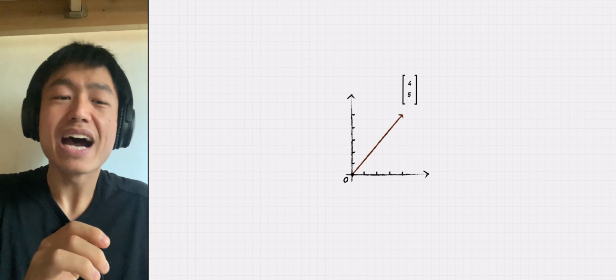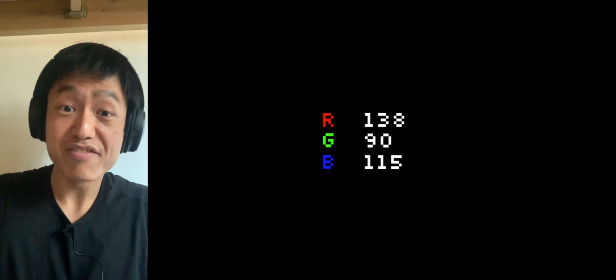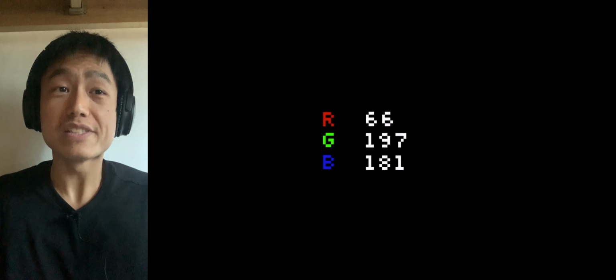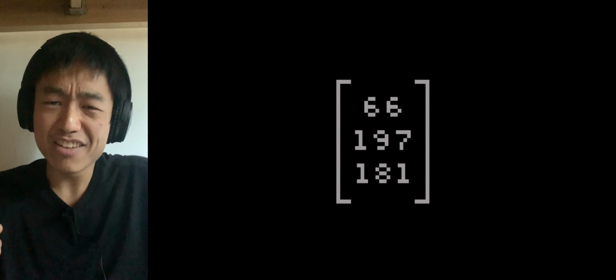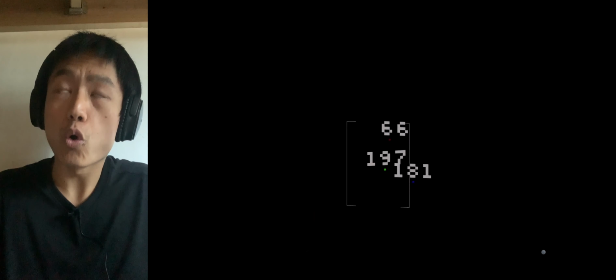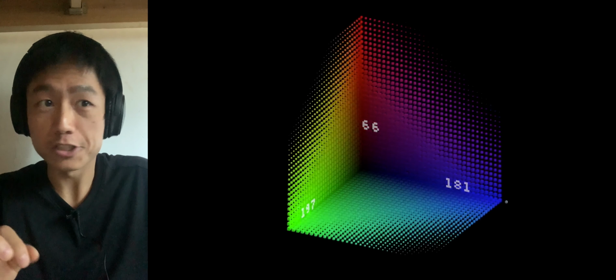The RGB color value we just played with can also be regarded as a vector. It can be expressed with 3 sequential values: 66, 187, 181. But if we define a coordinate system, we can also mark it in the coordinate system.